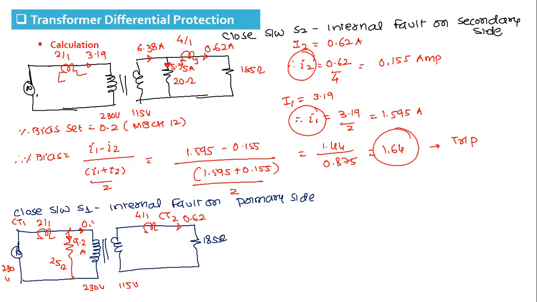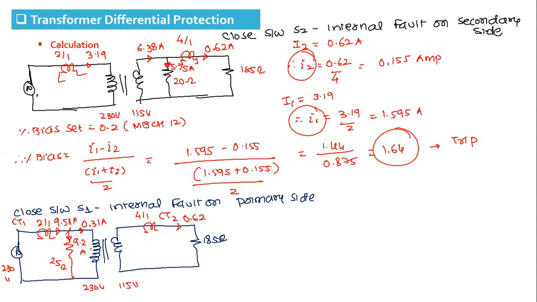So here it is 0.31, you can see. So 9.2 plus 0.31, that is the total current on the primary side. It is 9.51 ampere here.